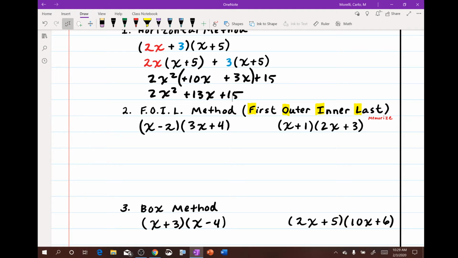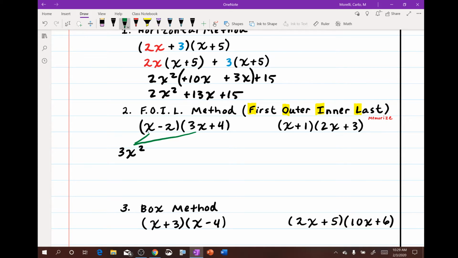Okay, FOIL. And here's how you do FOIL. Once you memorize it, it becomes really simple. What it means is you're going to multiply the first two terms of the binomials together. X times 3x is 3x squared.